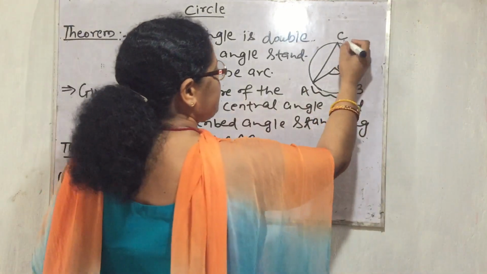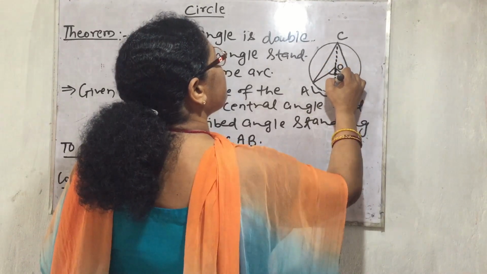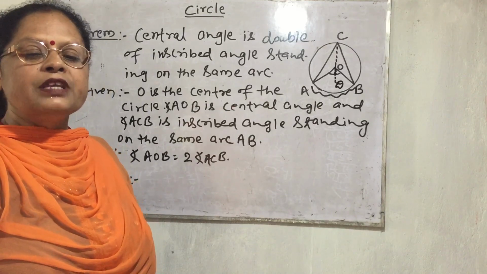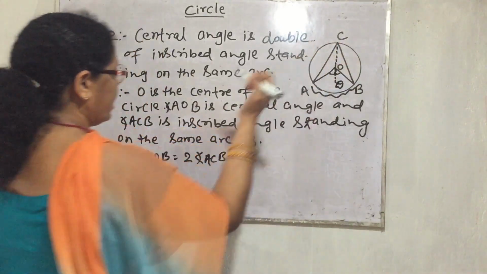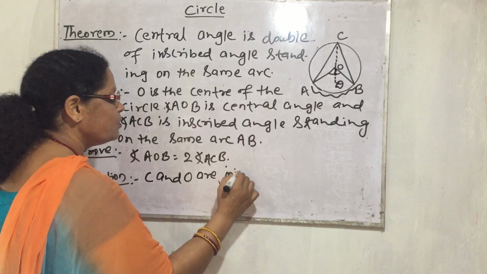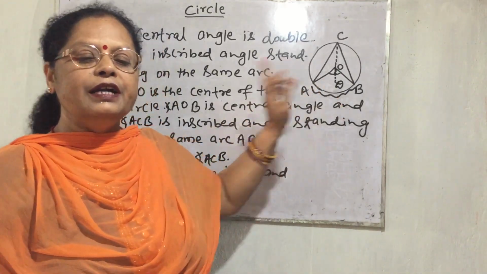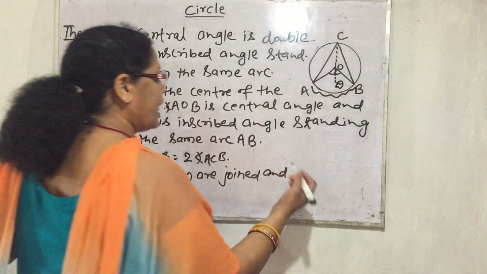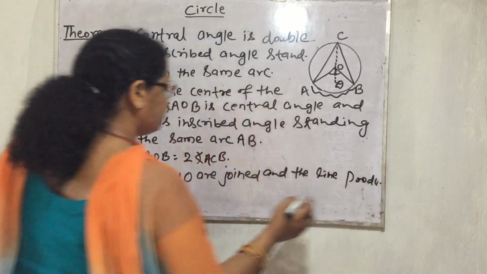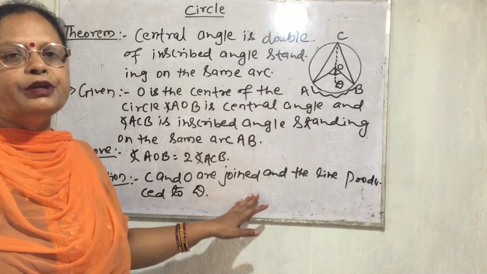We join C and O, and the name of this point is D. So we have to write in the construction: C and O are joined and produced to D. This much we have to write down before proving the theorem.